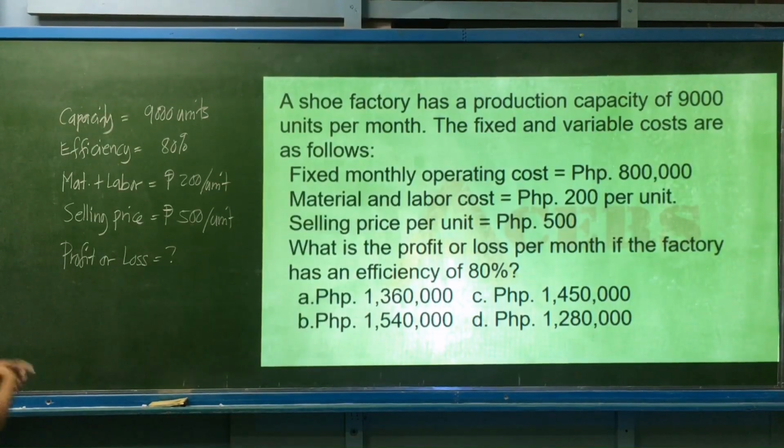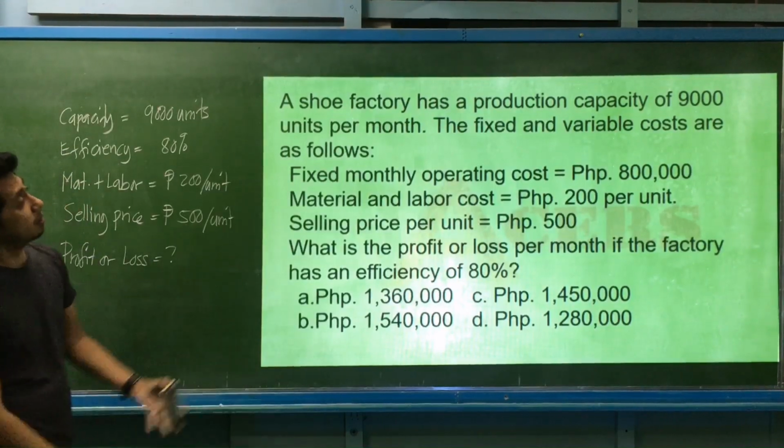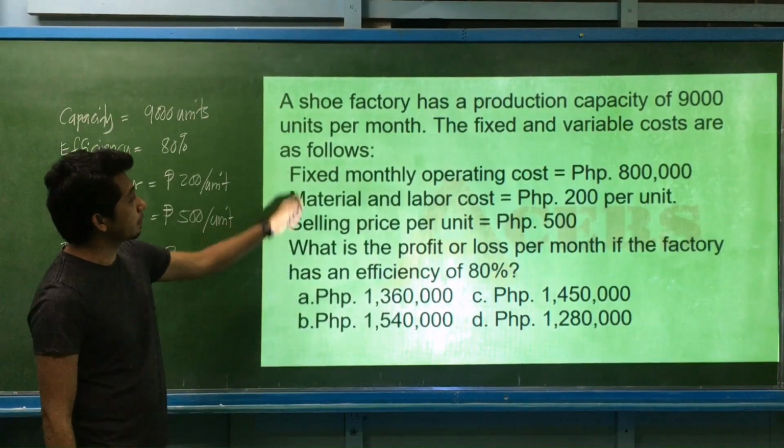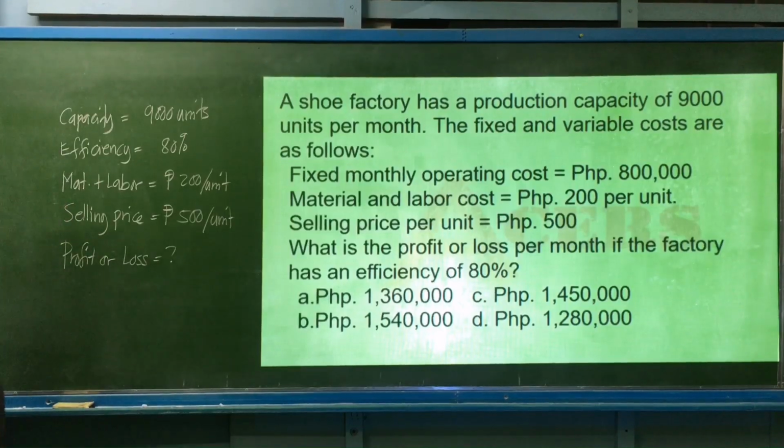And next example. So a shoe factory has a production capacity of 9,000 units per month. So the fixed and variable costs are as follows. So given dito yung ating fixed monthly operating cost, which is 800,000. So lagyan natin yun.